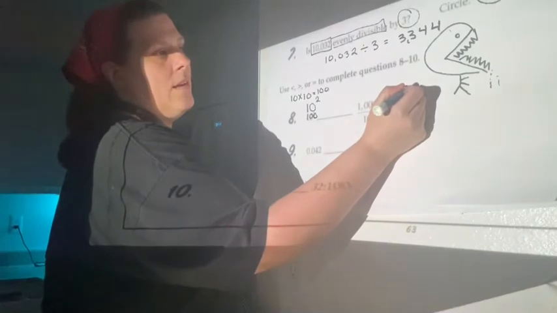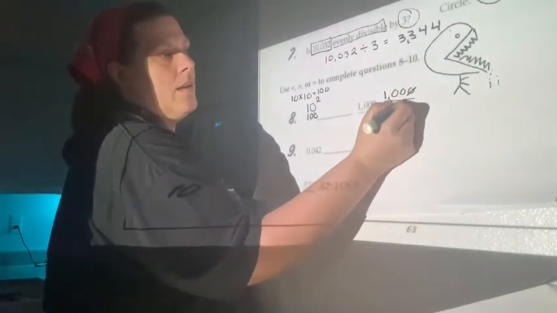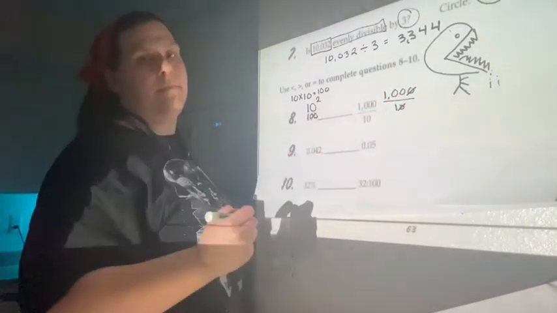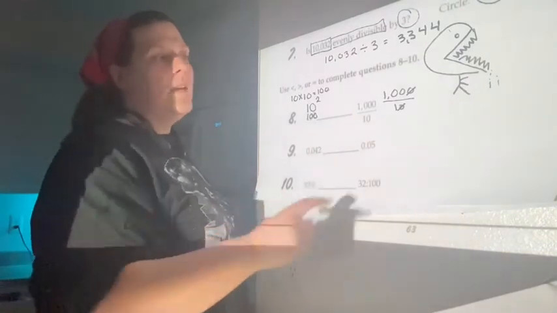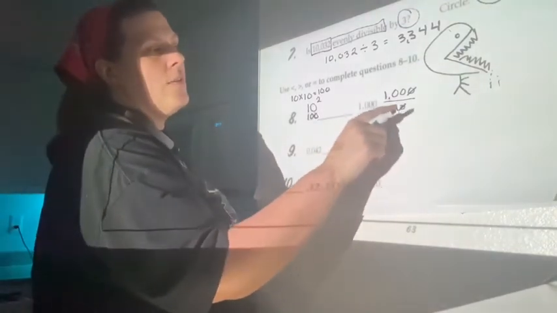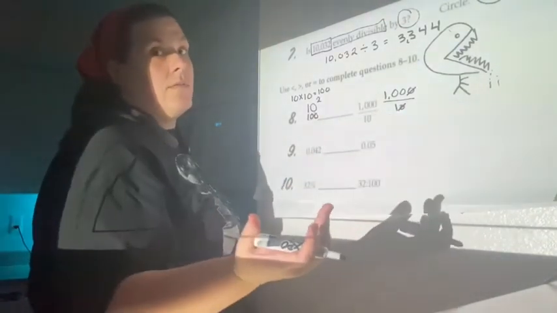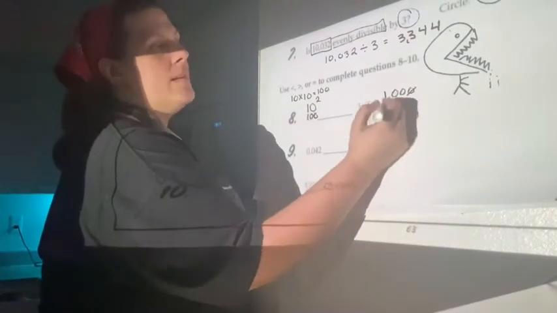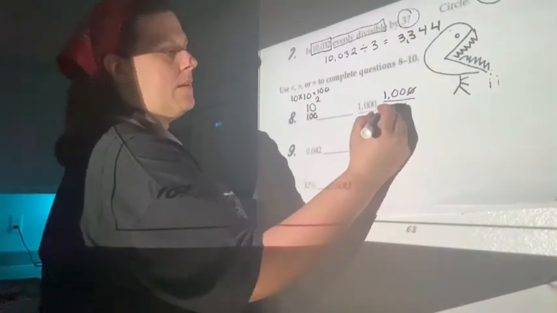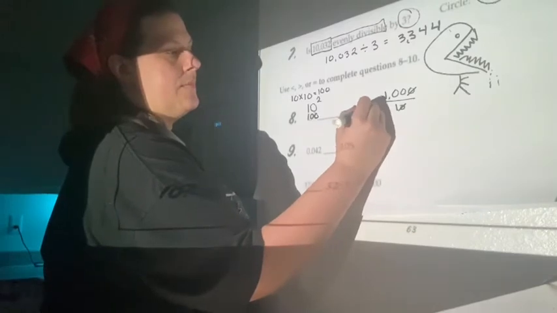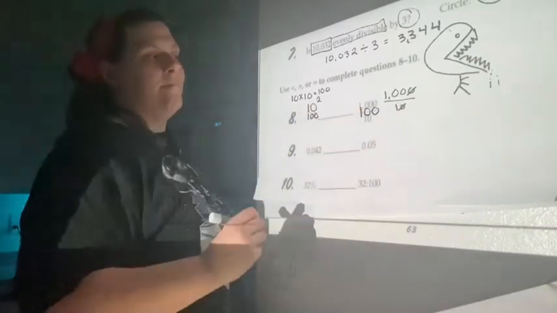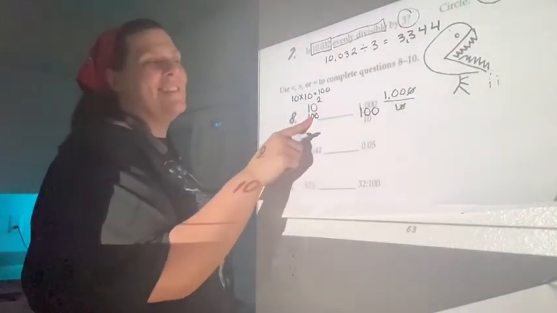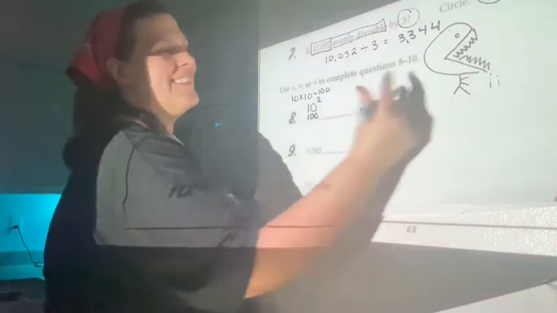You can say 1, boop. That's it. So anything over 1 is itself. Because of that, we have 100 on one side and 100 on the other side.